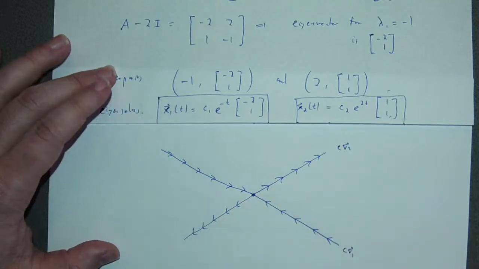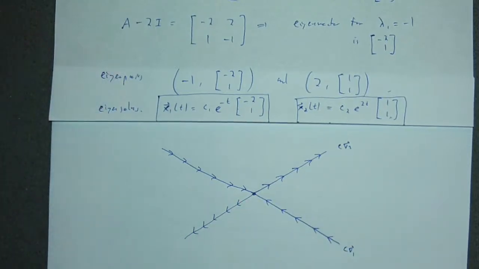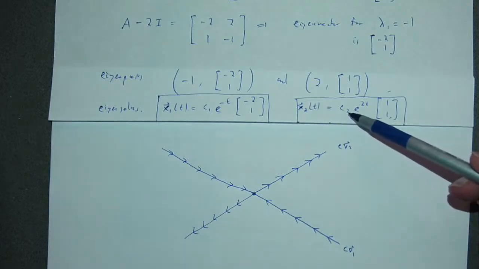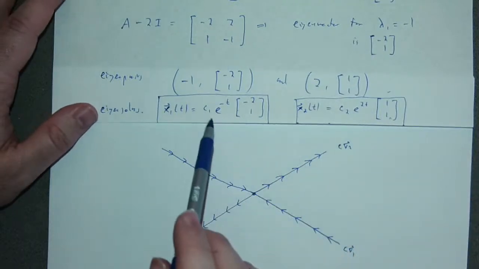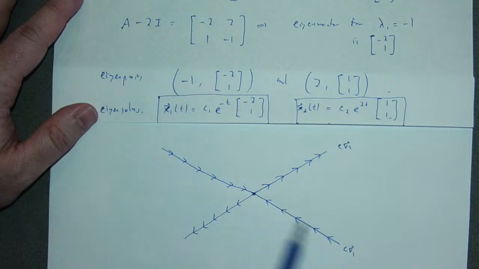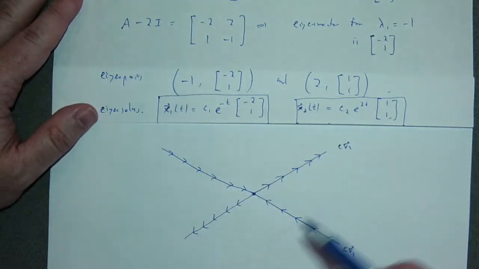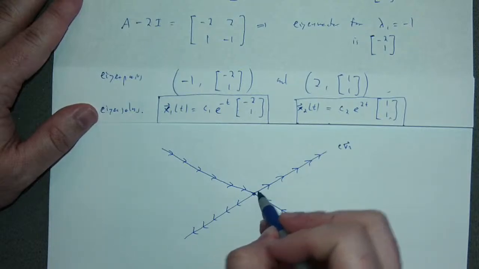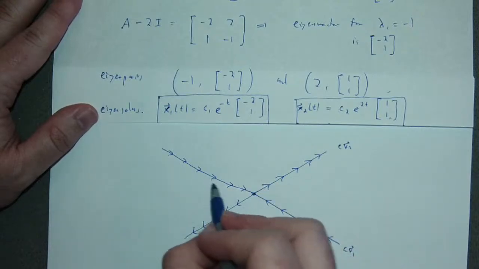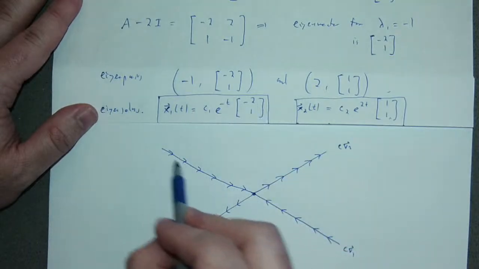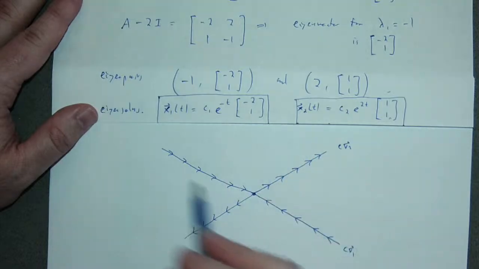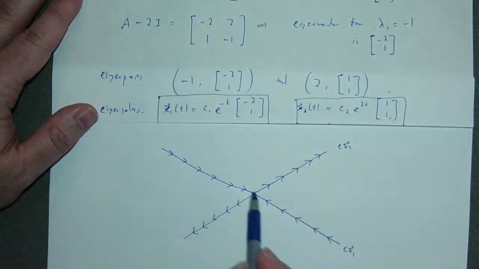So what is the way of looking at this picture? Well, say c2 is 0 and c1 is non-zero, then the solution I get looks like something along this line. And of course, when c1 and c2 are both 0, I get the origin and I stay at the origin. But at any other initial point on this line, I get motion towards the origin as t goes to infinity.